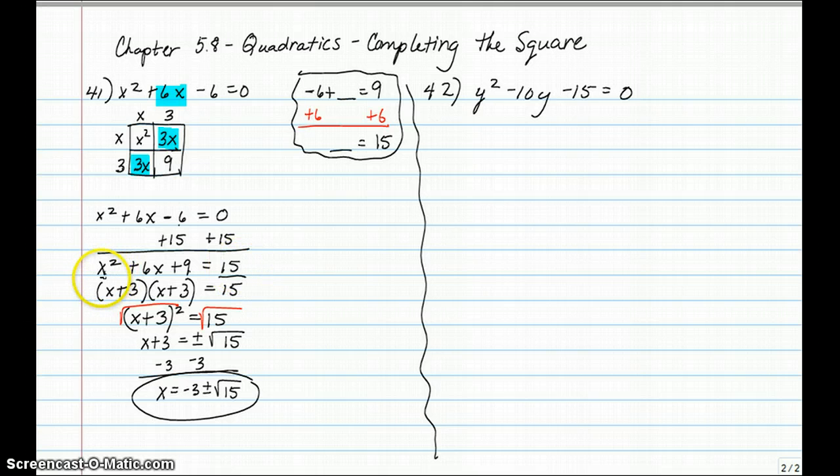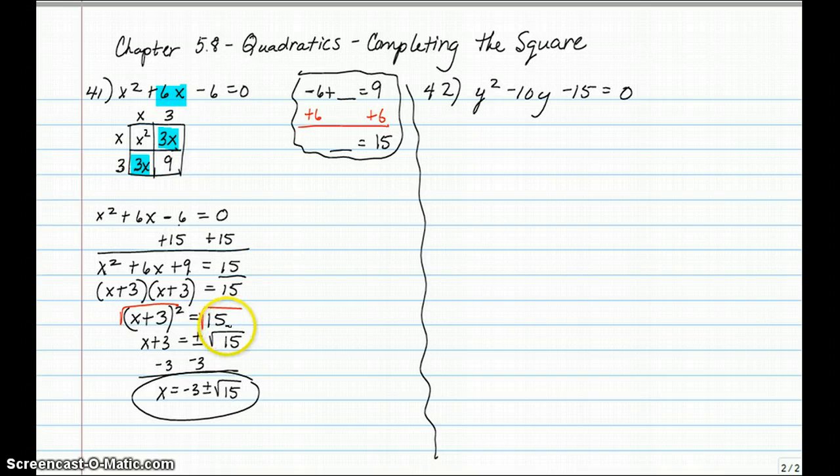This perfect square trinomial, x squared plus 6x plus 9, is the dimensions x plus 3 times x plus 3, equaling 15. We can write x plus 3 times x plus 3 as x plus 3 squared. To get rid of a square, you take the square root, which leaves you with x plus 3. You have to then take the square root of the right side, which is 15.